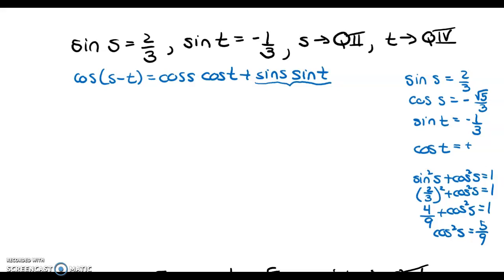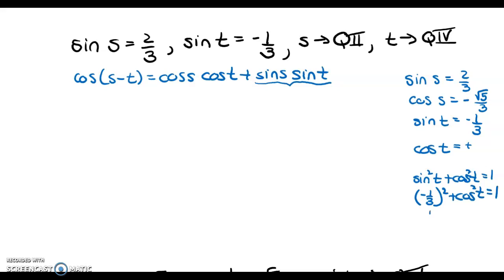So now I'm going to do the same thing, but I'm going to do it with t instead of s. Okay, so sine squared of t plus cosine squared of t equals 1. So I know the sine of t is -1/3, and I need to square that.